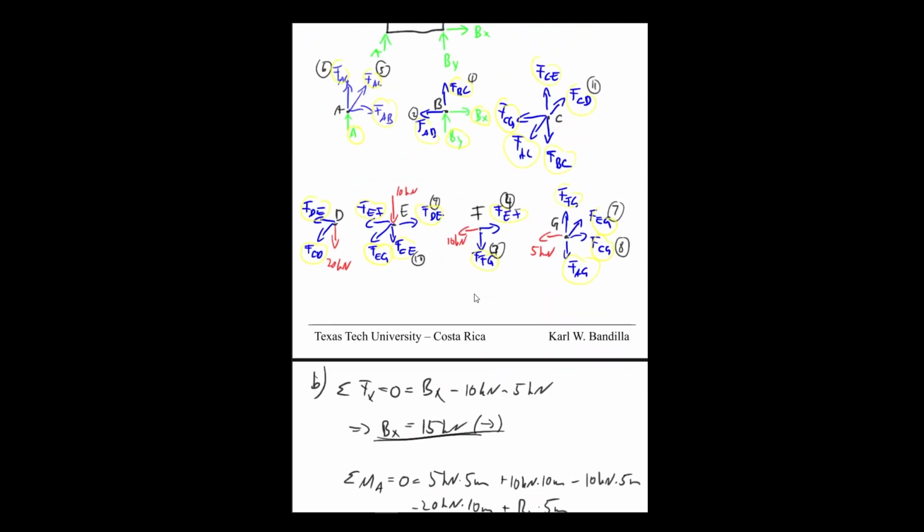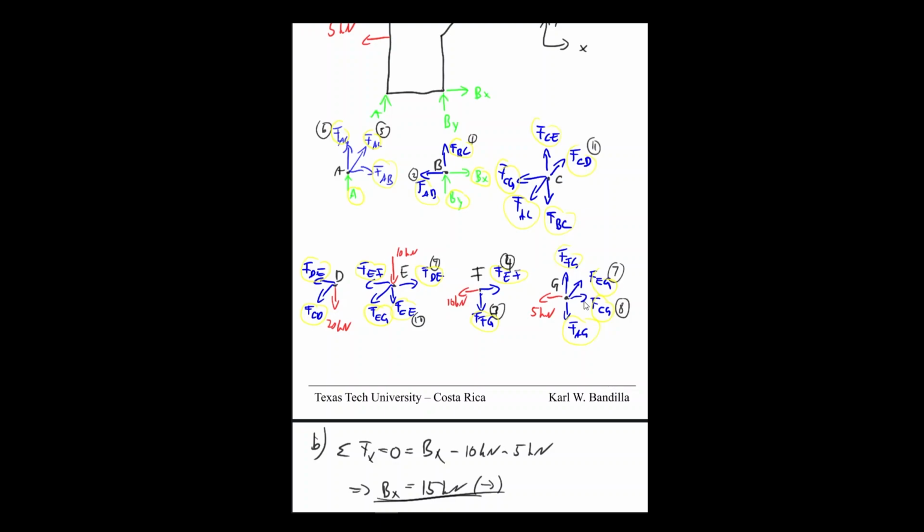Then sum of forces in the x direction equal to 0. We're getting there. Sum of forces in the x direction is minus 5 and plus CG.